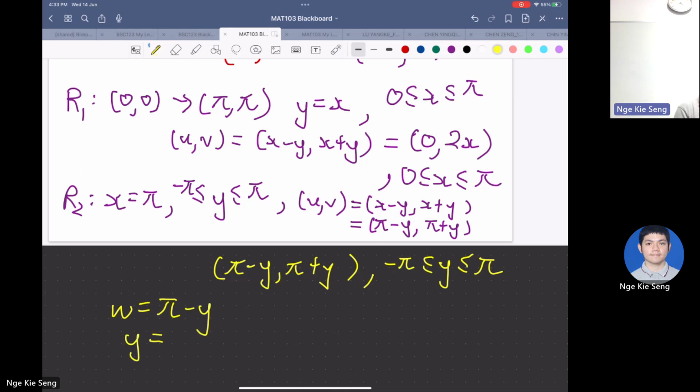Then y will equal pi minus w. Okay, so in this case we have w and pi minus w. Is this easier to understand or not?